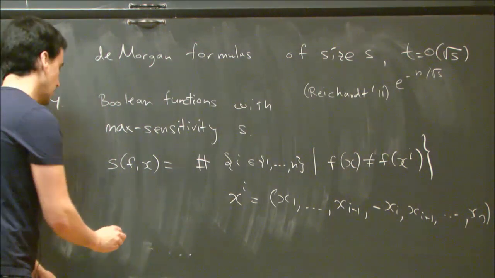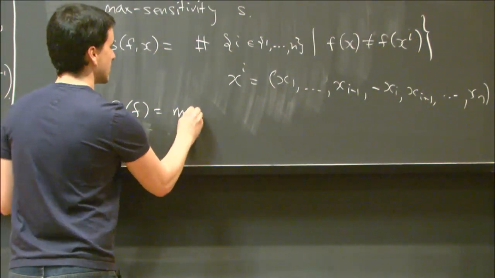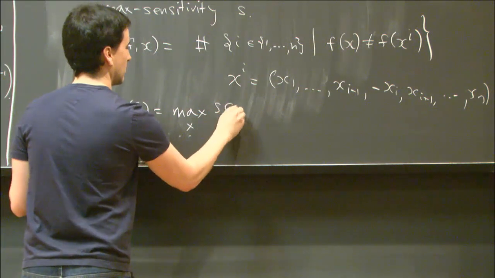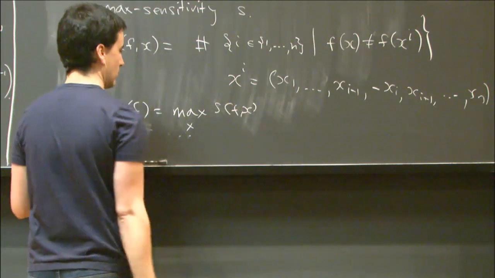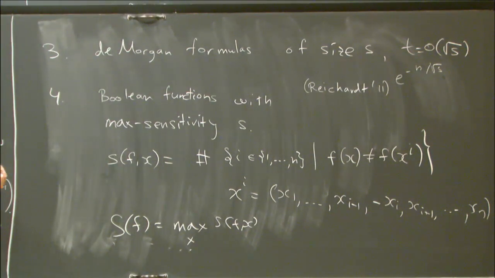So we are looking at the maximum over all x's of this thing. You can think of it as if you had a graph which is a subgraph of the hypercube, and you connect an edge between two neighbors if they have a different value. And you ask what is the maximum degree in this graph.